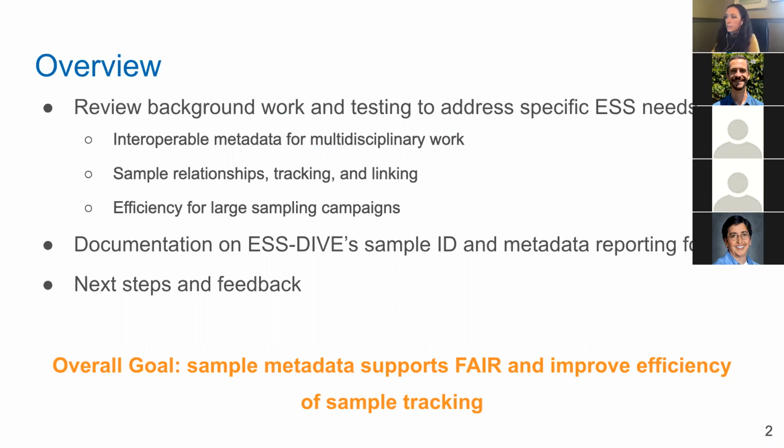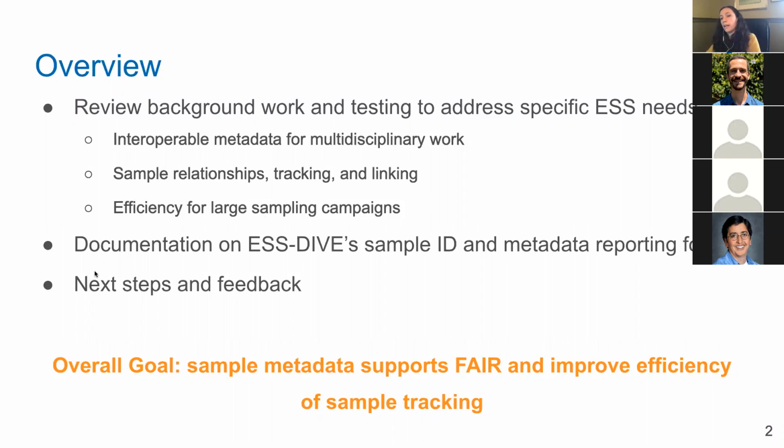This includes things like addressing the interoperability of metadata for multidisciplinary work, looking into what we should be doing for sample relationships, tracking and linking related samples as they're published online, addressing efficiency of standardizing sample metadata, particularly for large sampling campaigns, and then going into some of the details about our documentation that is now on GitHub and GitBook. And then I'll conclude with some next steps and ways to provide feedback.